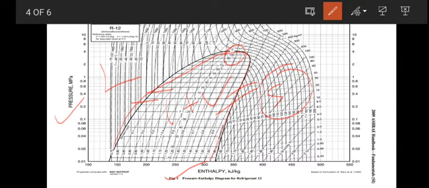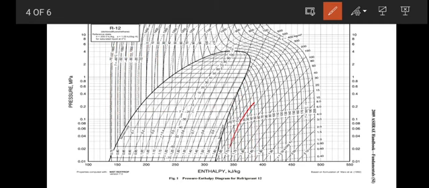Now, the vertical lines in the subcooled region indicate constant temperature lines. The constant temperature line will be horizontal in the liquid plus vapor mixture, then it goes in a downward direction in the superheated region.